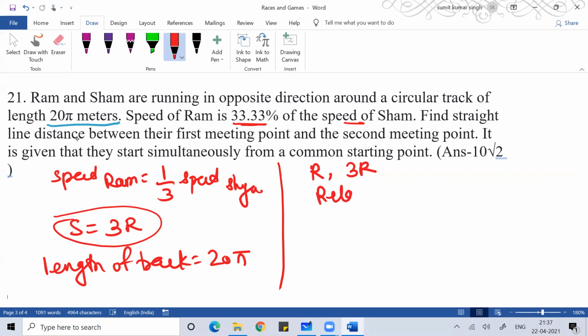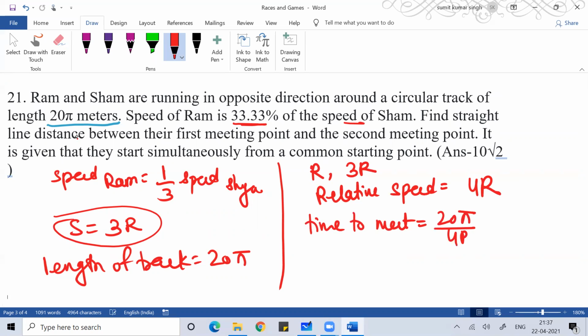So the relative speed between them would be 4r, and the length is 20 pi. So time when they meet first time would be 20 pi by 4r, so then it would be 5 pi by r. So they'll meet after 5 pi by r second.